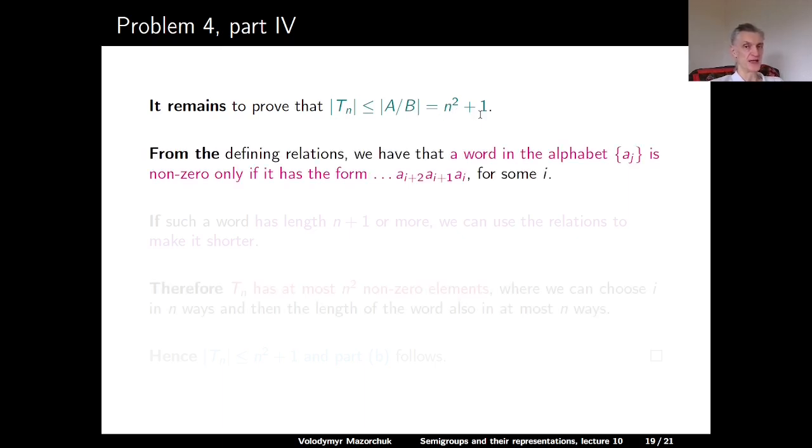So from the defining relations, we have that a word in our generators aj is non-zero only if it has the form ai, followed by ai plus 1, followed by ai plus 2, and so on for some i. Also, if such a word has length n plus 1 or more, we can use the defining relation to make it shorter.